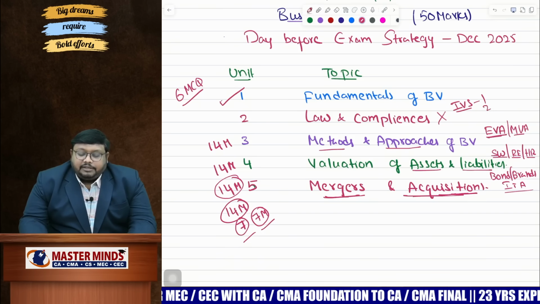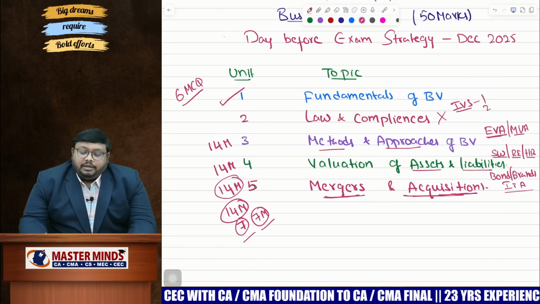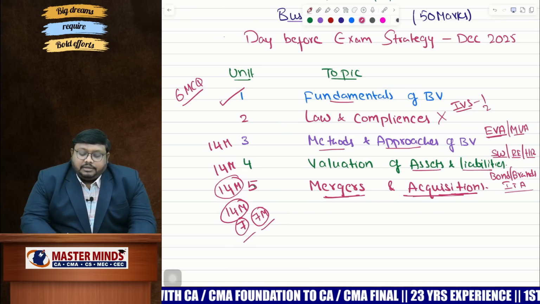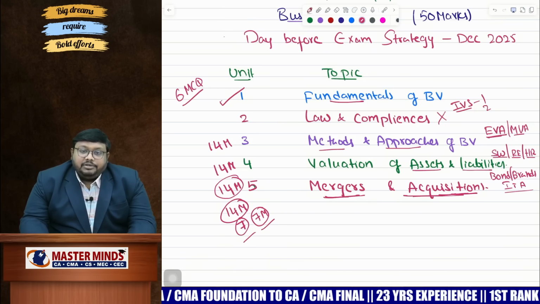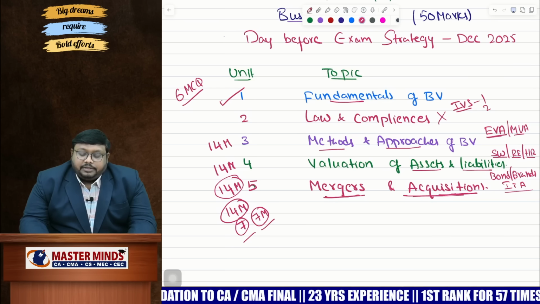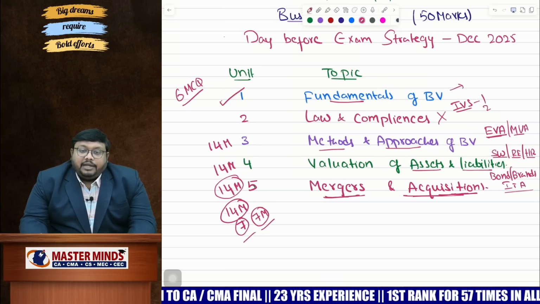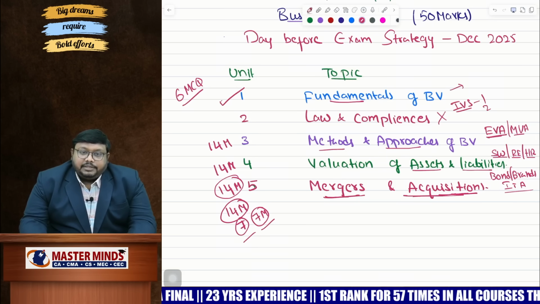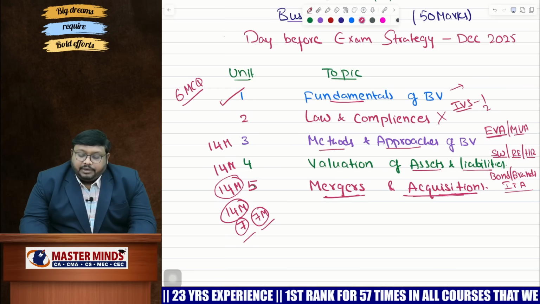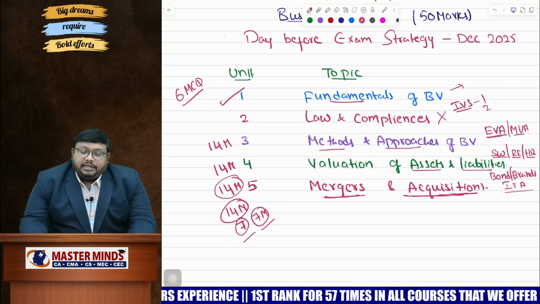And fundamentals of BV, definitely there will be. There will be valuation questions relating to the fundamentals of business valuation. MCQs are very important, as I told you before. Here we can get the valuation of cost of capital, like cost of capital based valuations under the equity method and CAPM models.